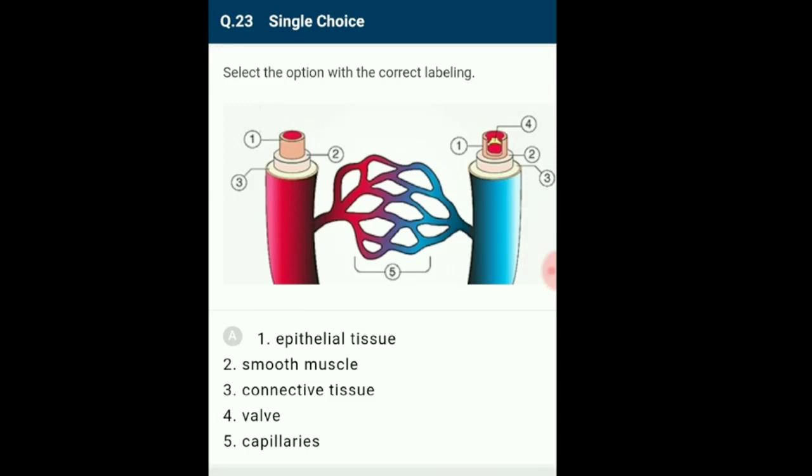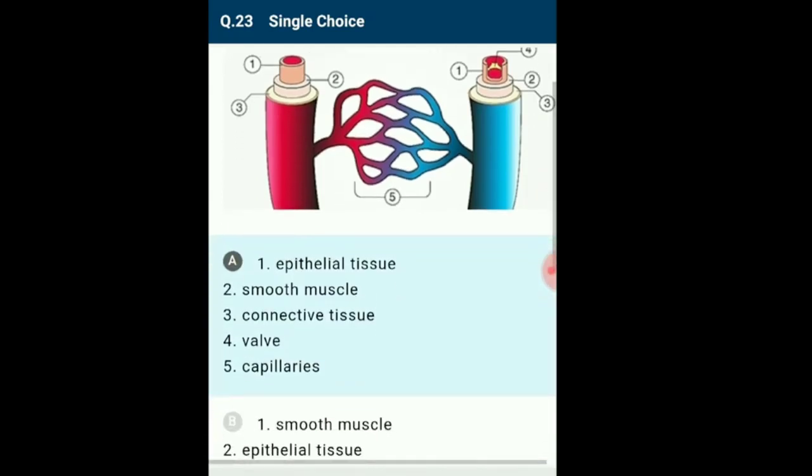Compared to arteries, veins are thin walled. So the correctly matching option is option A. 1 is labeled as epithelial tissue, second one is smooth muscle, third connective tissue, fourth valve, fifth one is labeled that is capillaries. So the correctly matching option is A.